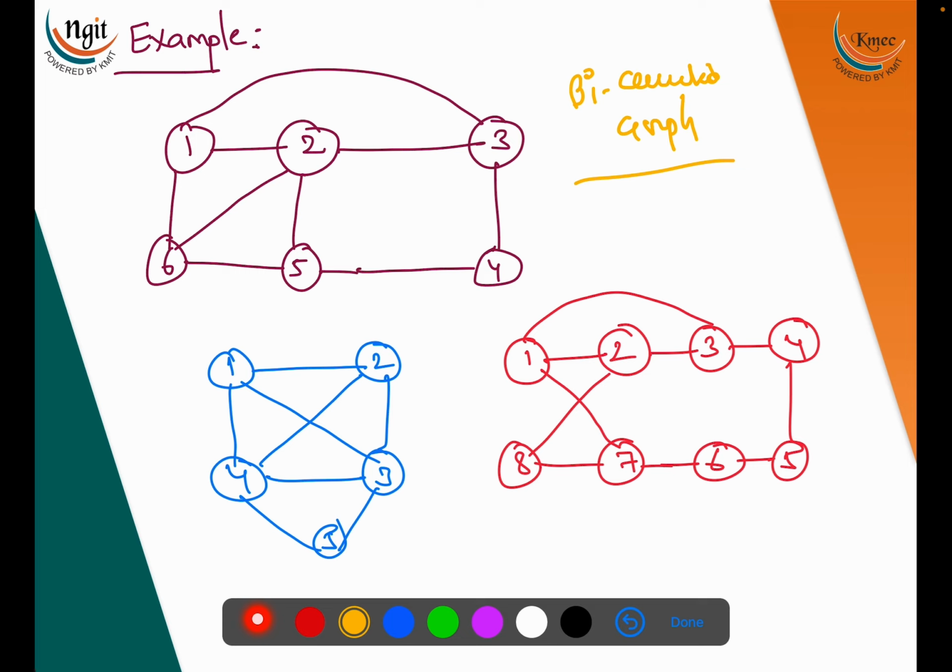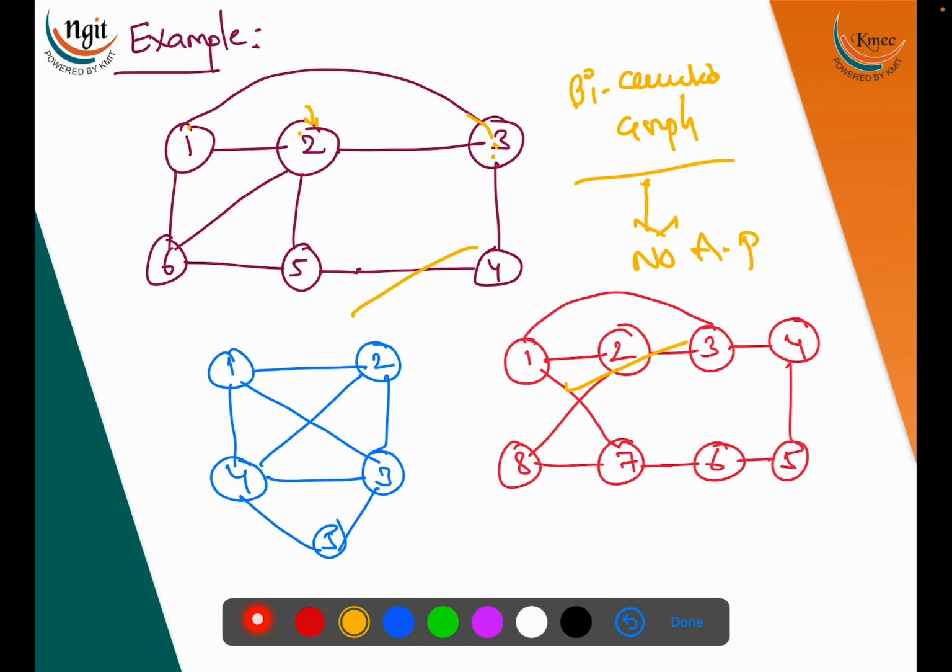Now let's see what a biconnected graph is. A graph G is biconnected if and only if it contains no articulation point. Did you find any articulation point? If I delete this vertex, still this vertex is in connection with 1. If I delete this vertex, still it has a connection with 4. So deleting any vertex in this graph will not affect the other vertices. So this is not an articulation point.